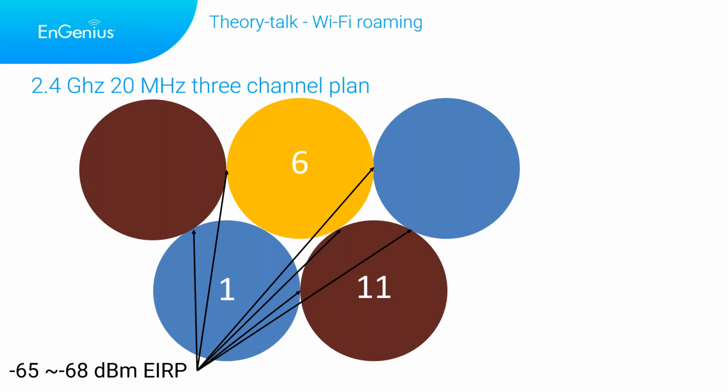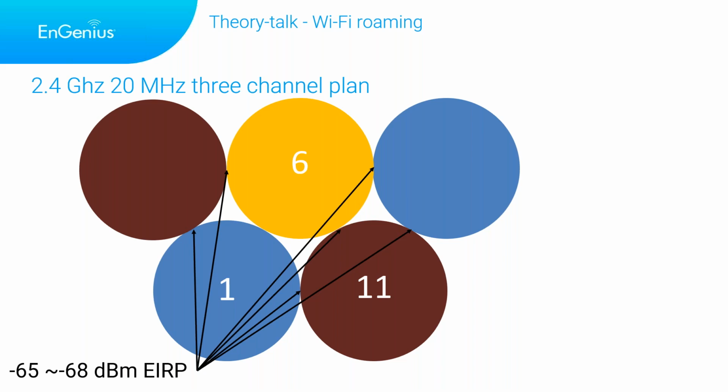If you are trying to get the best coverage, usually you want to have the edges of your balloons at -65 or -68 dBm ERP. I'm not totally sure where the number comes from, but that's at least what everybody advises you to have. You will still have coverage.